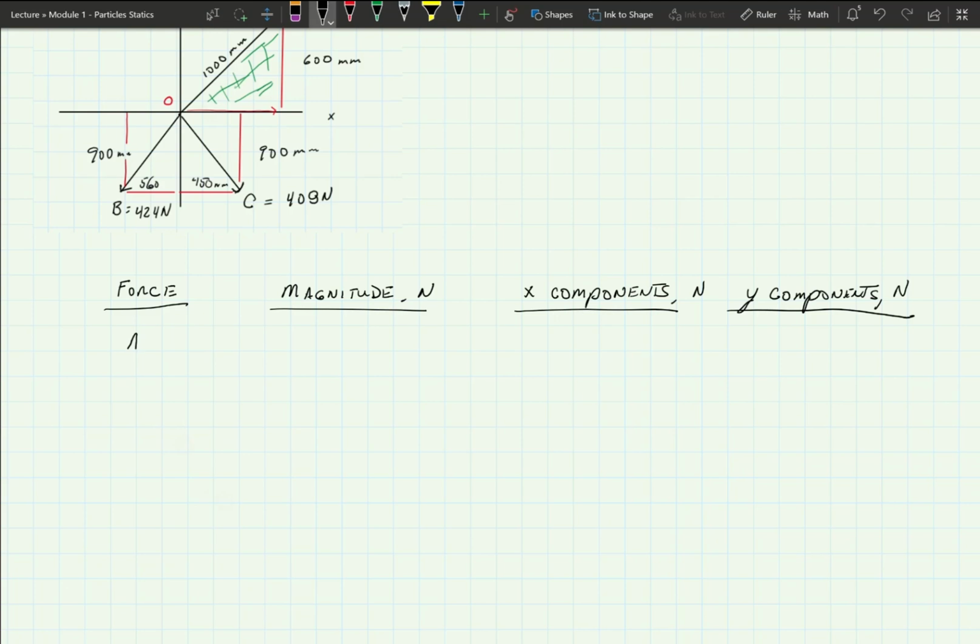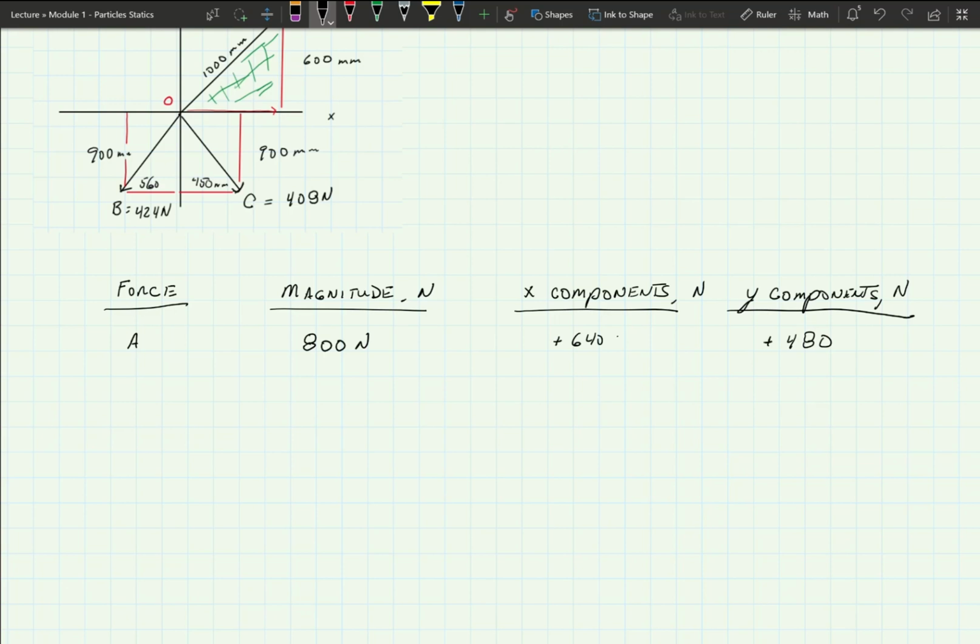All right, so we had force A, vector A, which was 800 newtons, and magnitude means it just has a number. I don't have a negative sign or anything on this. From part 1, we determined the x component to be 640, and I'm not going to put the newtons in there. It's up in the top. You could if you wanted to, but why clutter up the scene? And the y component for vector A was negative 480, or plus 480, not negative.